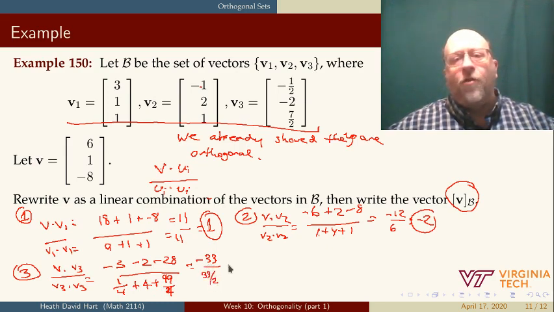When we divide negative 33 by 33/2, that's the same thing as multiplying by 2 over 33, and the 3's cancel, and we end up with negative 2.